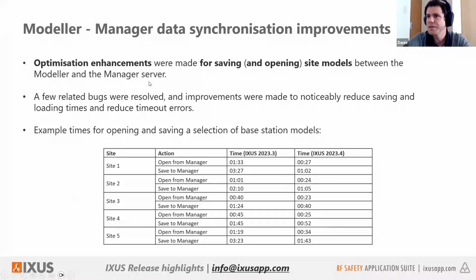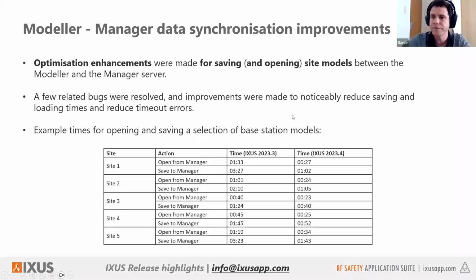Then the next thing is some optimization enhancements that we've done, specifically with the interaction between the modeler and the manager. The time for opening CAD models as well as saving CAD models should be reduced considerably. I did add a few examples of the test cases that we've done to see the impact, and it is quite substantial.